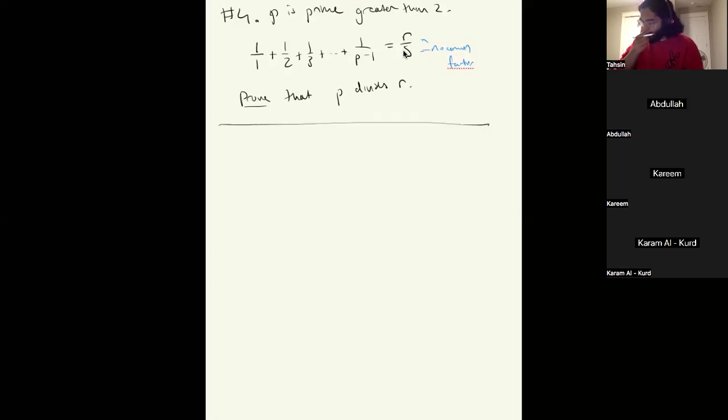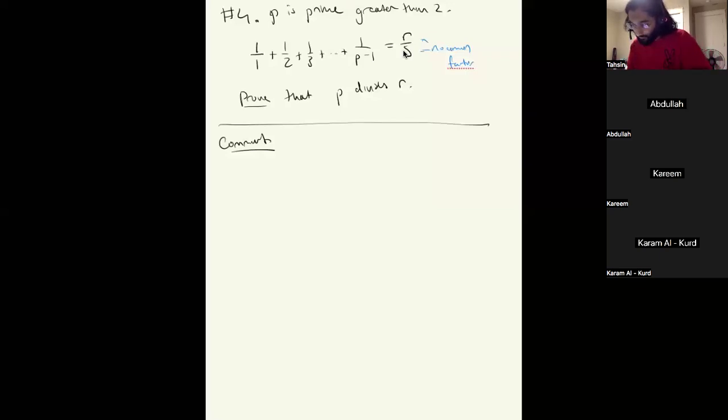Now I will make a comment here. Why did I include this as modular arithmetic?